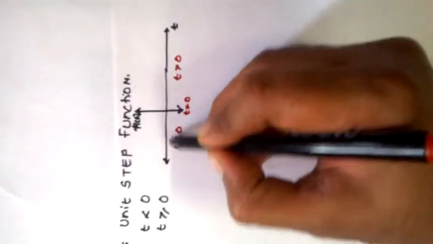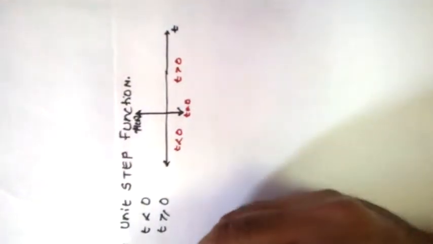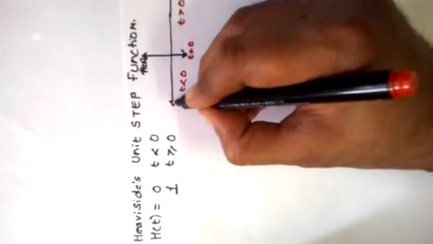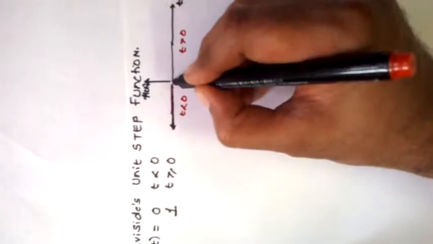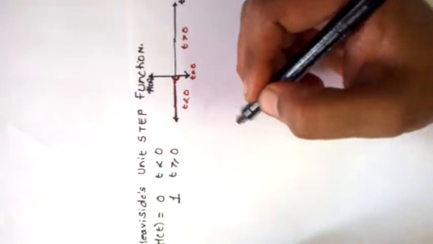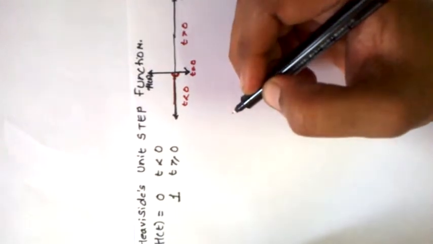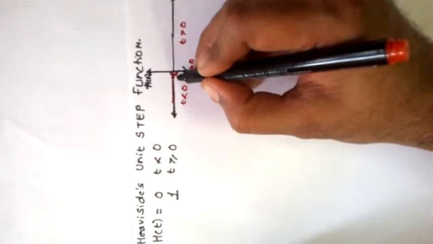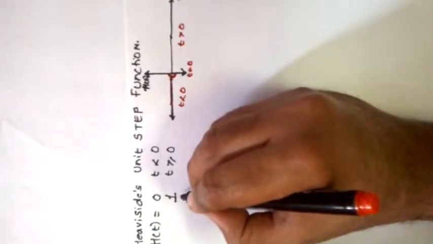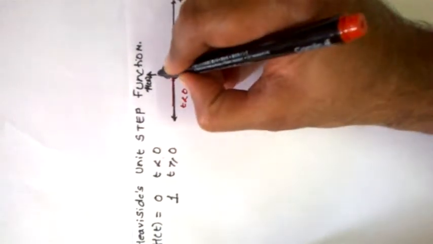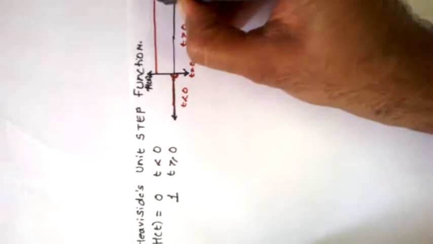In the interval t less than 0, the definition says the value of the function is 0, so the graph will be on t axis. Leaving a small semicircle at t is equal to 0, because the graph doesn't touch 0, because at t is equal to 0 the value of the function is 1, the graph jumps at 1 till infinity.